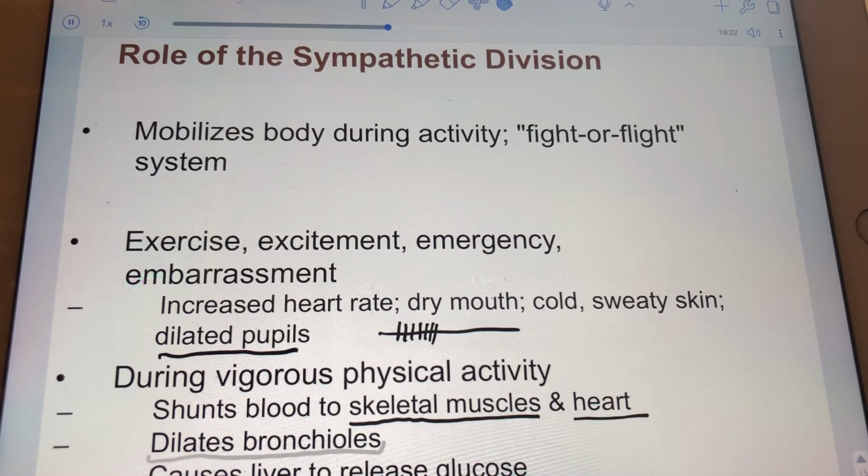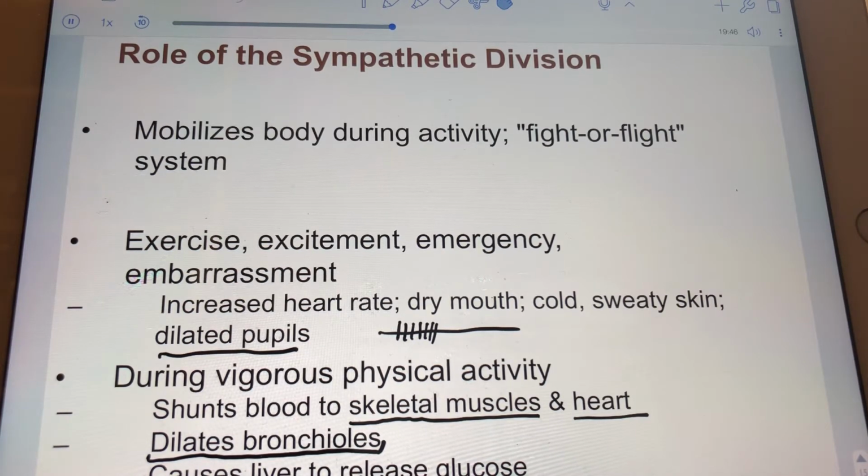to the heart. Our sympathetic nervous system also serves to dilate our bronchioles, which are some of the most narrow tubes in our lower respiratory tract that actually have enough sort of elasticity to be constricted or dilated, whereas much of the tubing of our lower respiratory tract is sort of locked into shape.